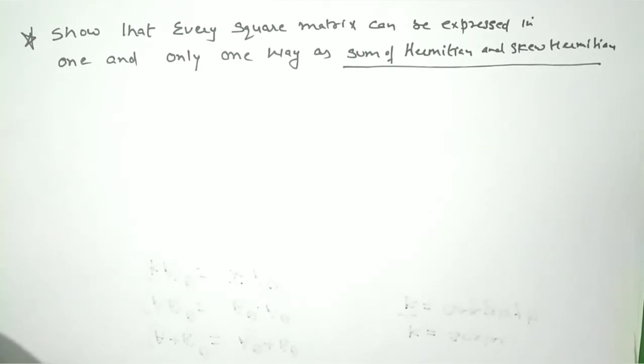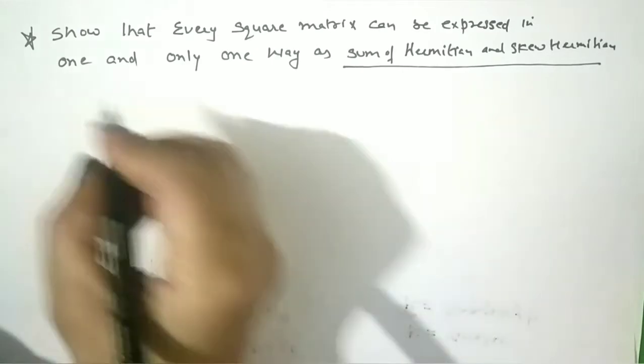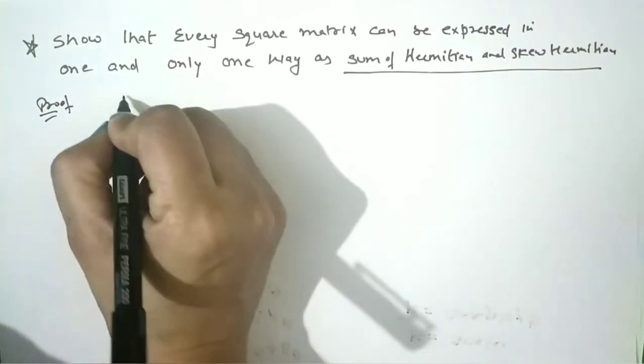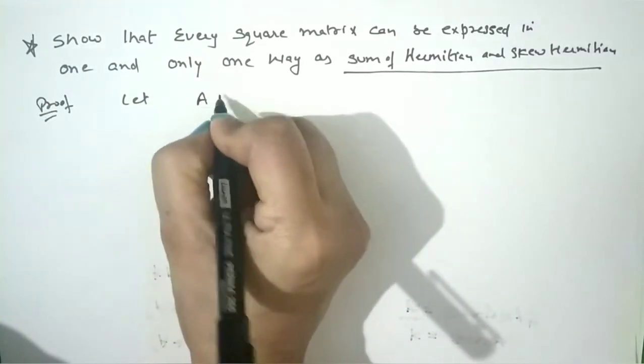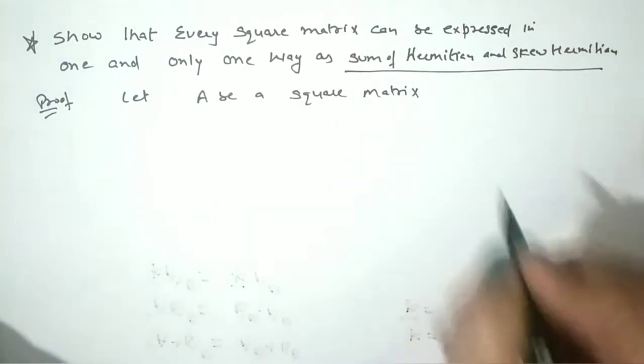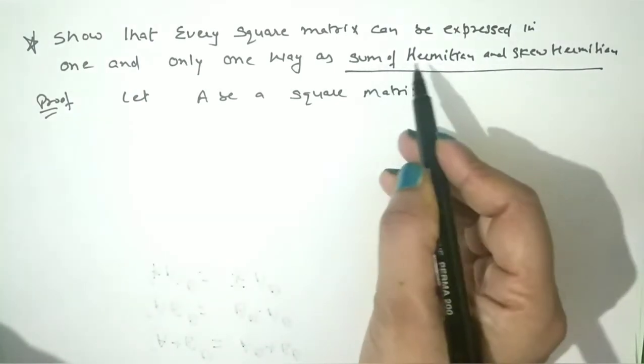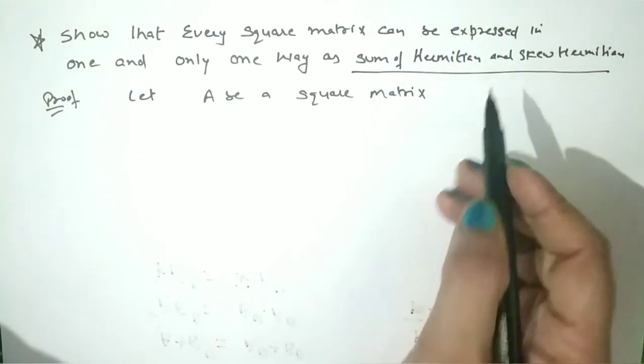Next is a very important theorem: show that every square matrix can be expressed in one and only one way as a sum of a Hermitian and a skew Hermitian matrix. So in this case we take one matrix, let it be A. Now we have to express A as a sum of a Hermitian and a skew Hermitian matrix.